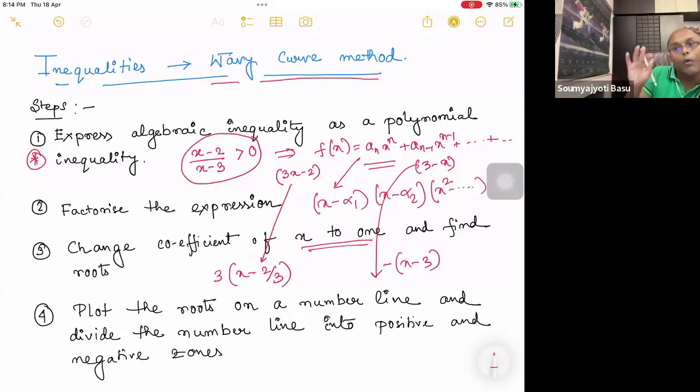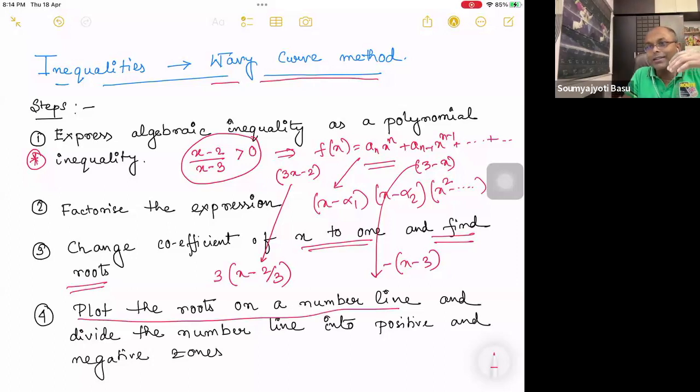Once you have changed the coefficient of x to 1, find the roots. That's very simple to do. The roots next are to be plotted on a number line.